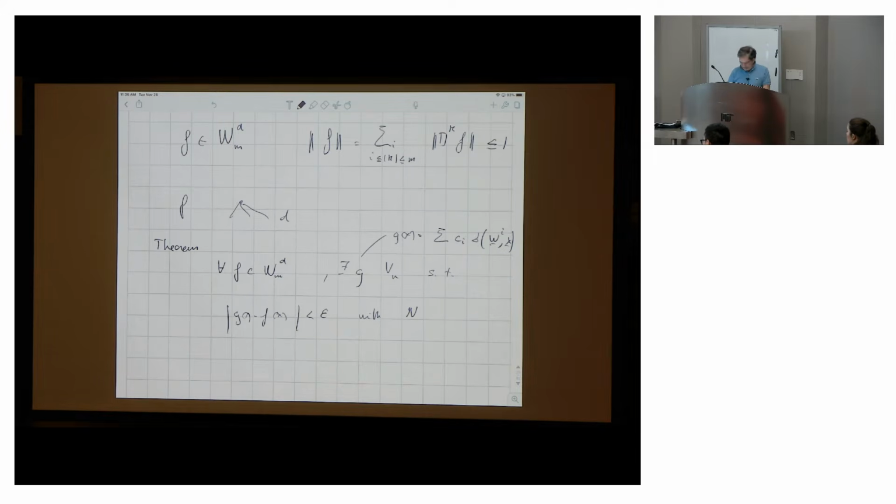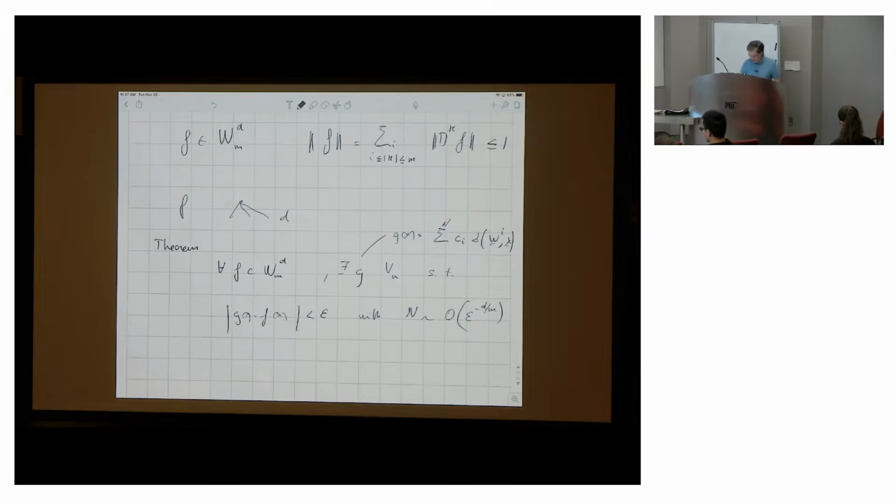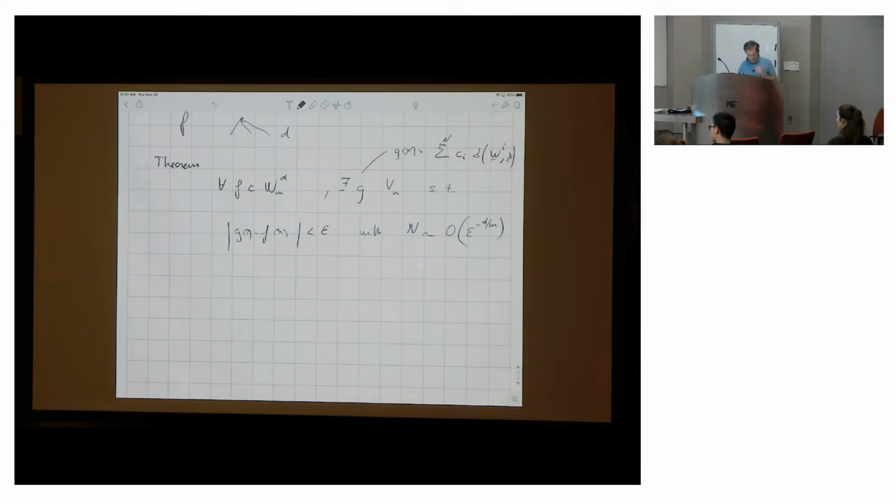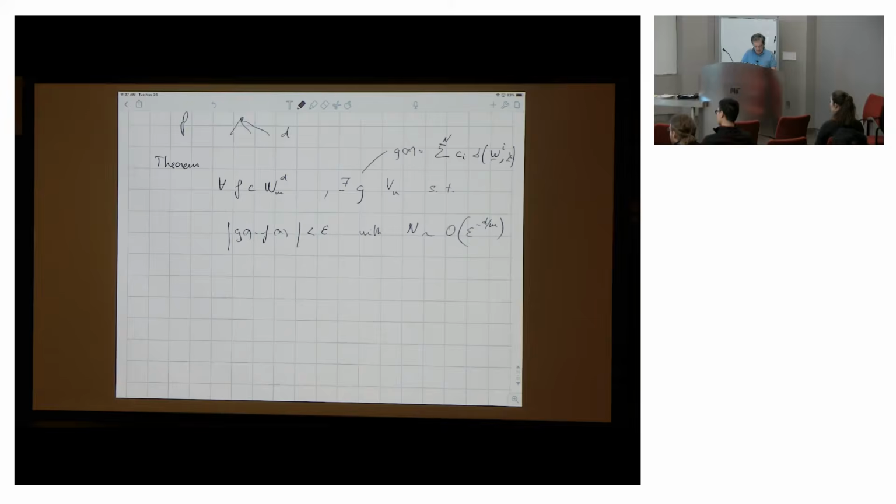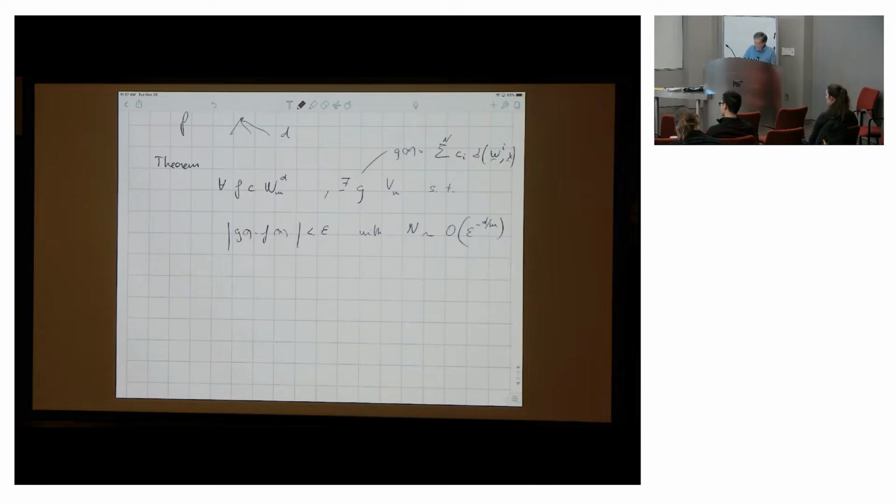So this would be here how many ReLU units I have, in the order of... Okay, so that's again the curse of dimensionality, as we have seen.